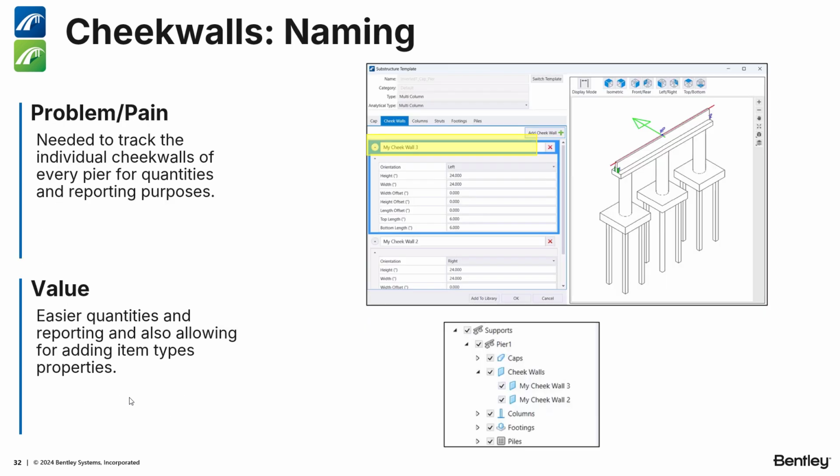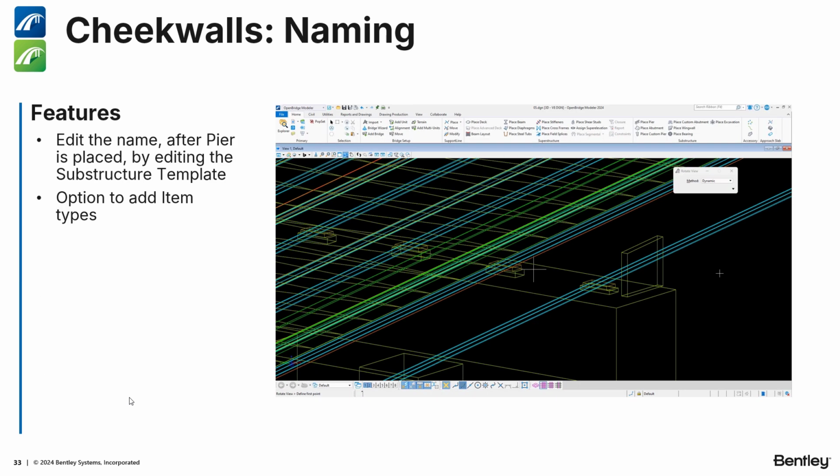Also, you can specify your own name for the cheek walls, so you can adjust it right in the pier library definition. And that can be applied when you're placing it.